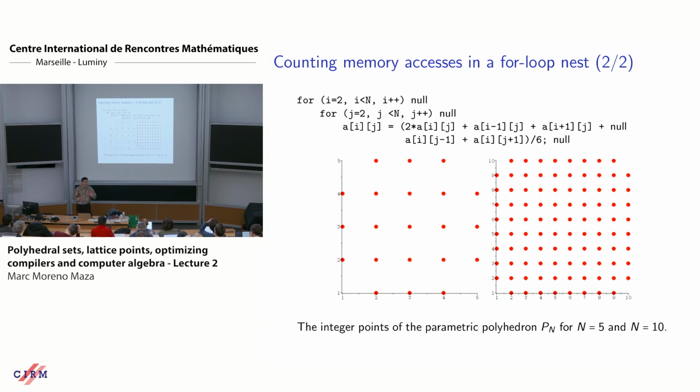Of course we will see the answer in a moment. First we have some examples with n equal 5, n equal 10. Okay, the answer is n squared minus 4.